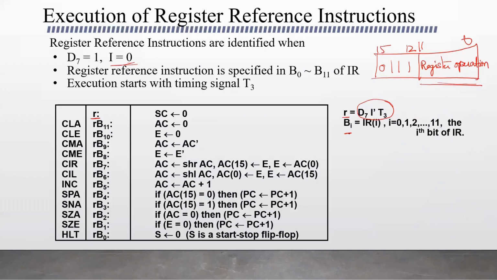That is what Bi is here: Bi is the ith bit of IR, where i is 0 to 11, and that we include in this control condition. The control condition includes this R and Bi. R is D7 I' T3, and Bi, where i is 11 for the first instruction CLA, i is 10 for the second instruction, and i is 9 for the third instruction. This is the control condition.